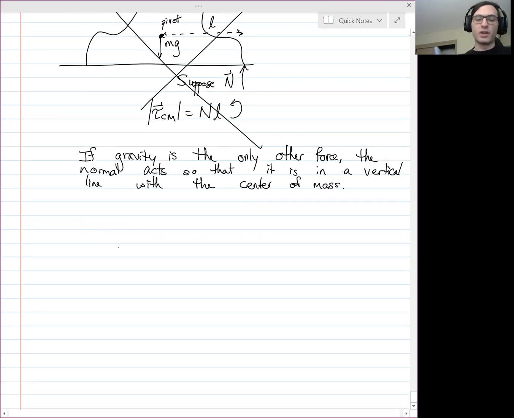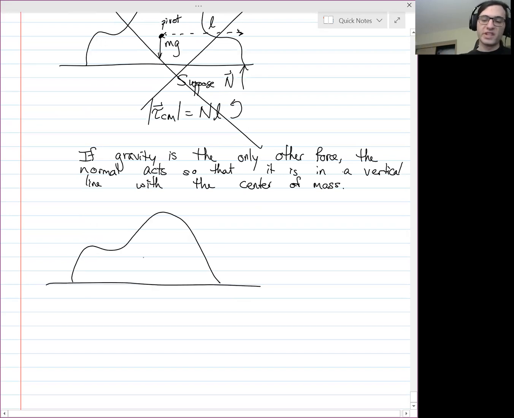So a picture might look something like, here's our lumpy thing, the center of mass is here, and the normal force would be directly below it, applied directly upwards.